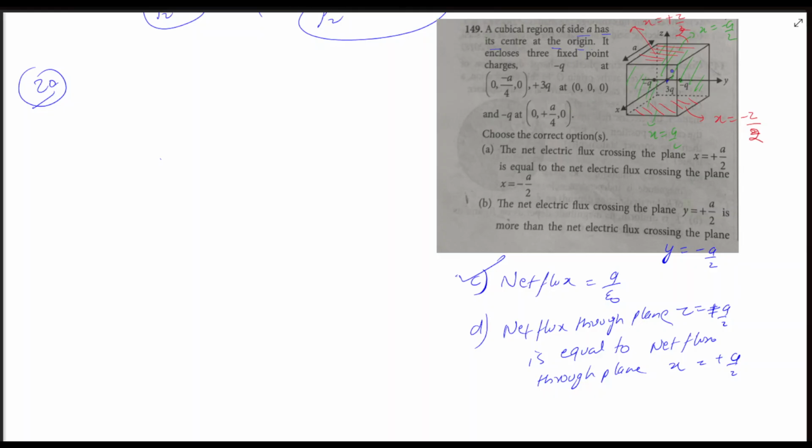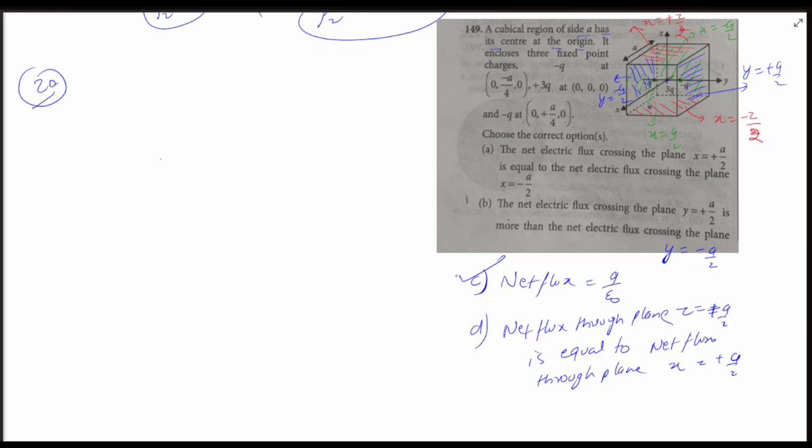Now this plane, you see this one, is y equals plus a by 2, and this one is y equals minus a by 2, right? Perfect. Now this minus q is just below the z equals a by 2 plane.